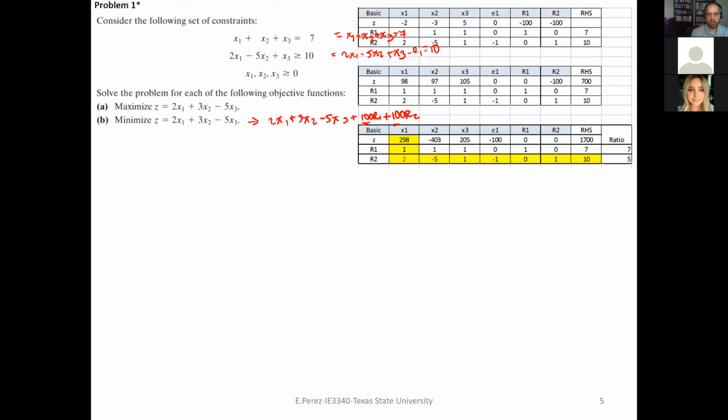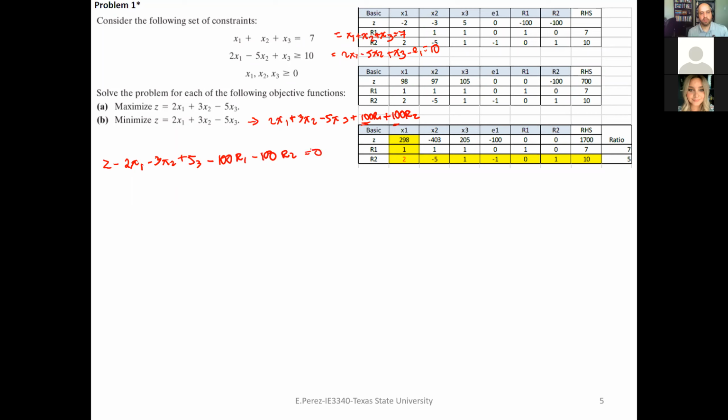So when you set up the initial tableau, that's why these coefficients show as negative. If you remember from our initial discussion of the simplex method, you move everything to the left: minus 2x1, minus 3x2, plus 5x3, minus 100 R1, minus 100 R2.